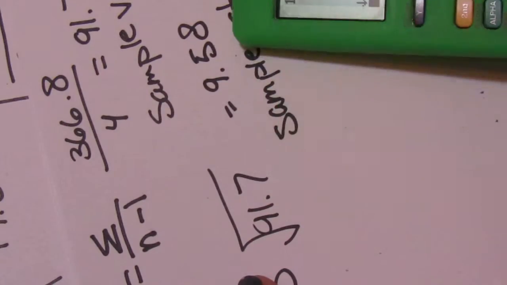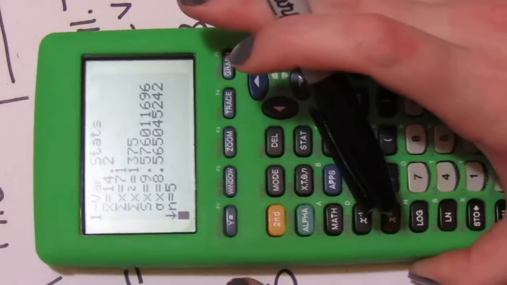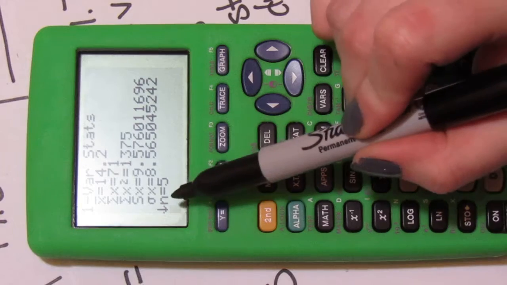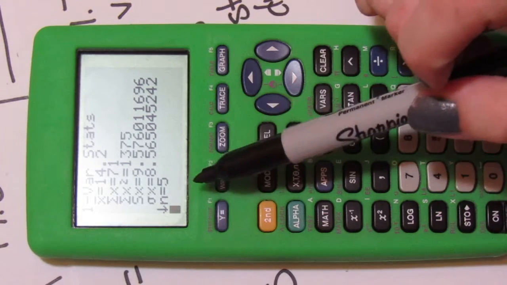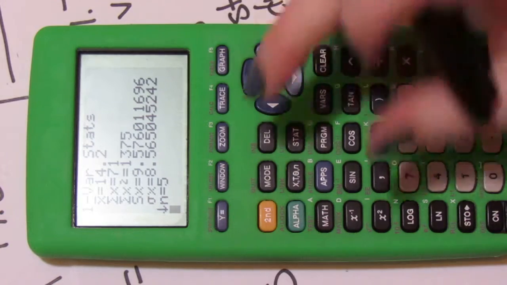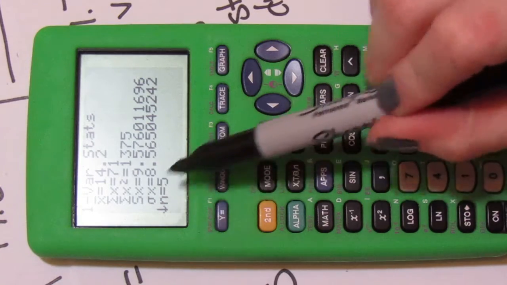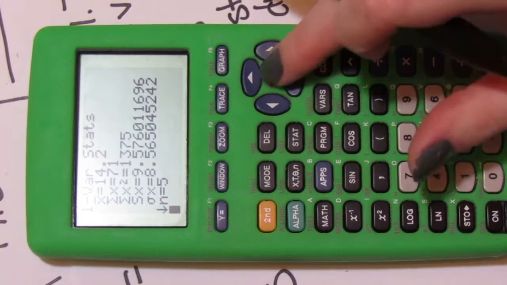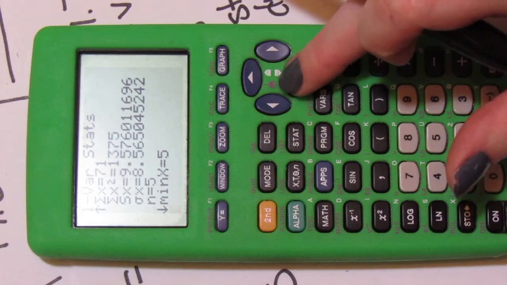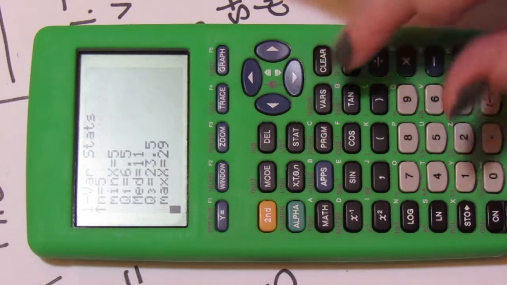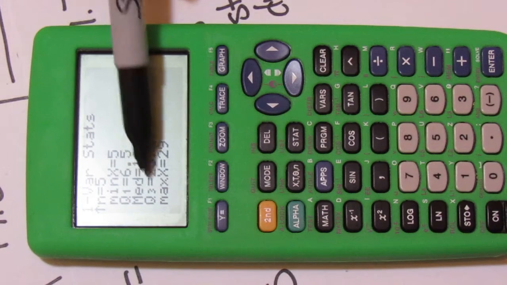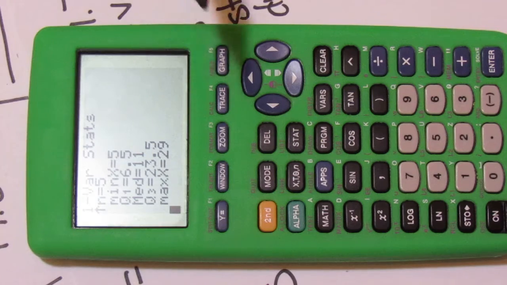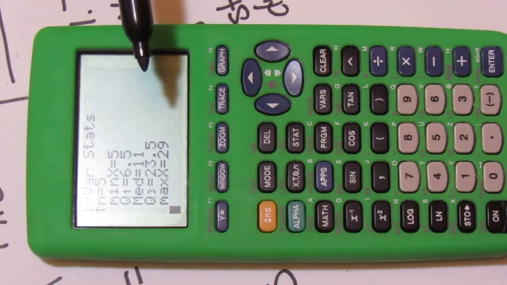That's what we got here, or 9.58 after rounding. And then that little circle is the sigma again. That was the first one we did, and after rounding, 8.56. Tells you n is 5, because you have 5 in the data. And then the next thing it tells you is minimum, Q1, median, Q3, and max. That's what we worked on next.